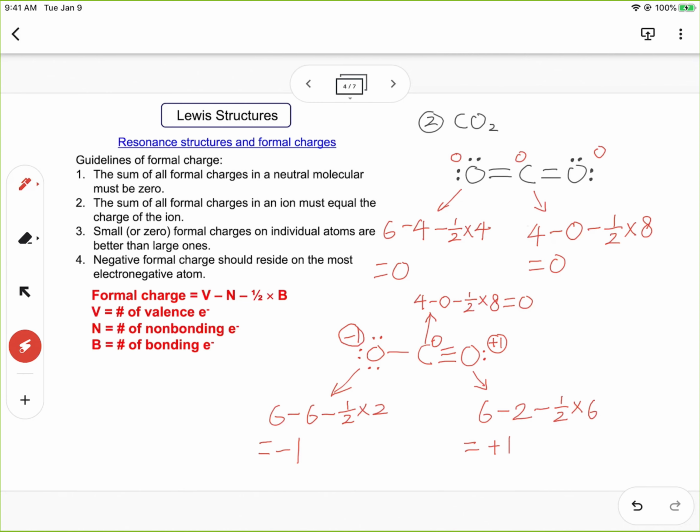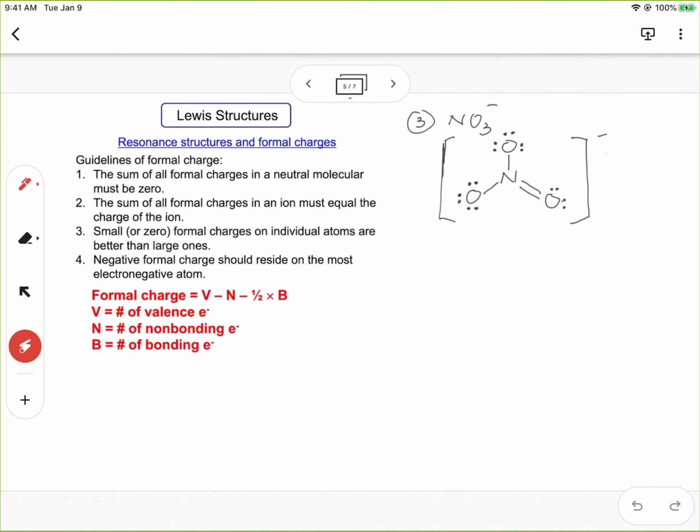This resonance structure with more zeros would have a greater contribution to the real structure of carbon dioxide. Actually, if you do experiments, you will see that both bonds in carbon dioxide are double bonds. They are equal to each other, unlike this one here. So this is rule number 3.